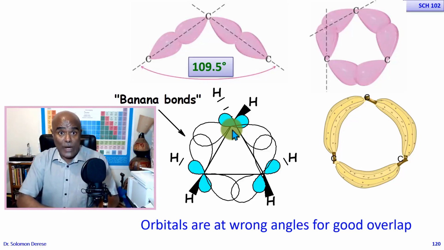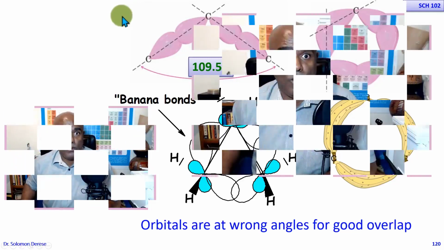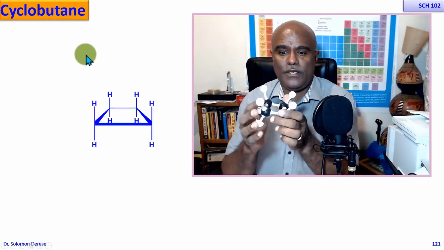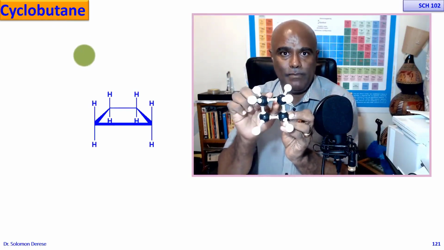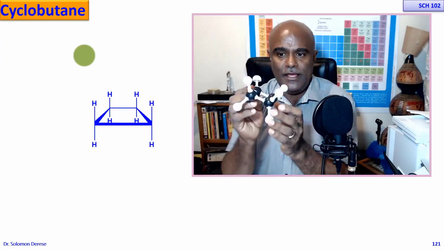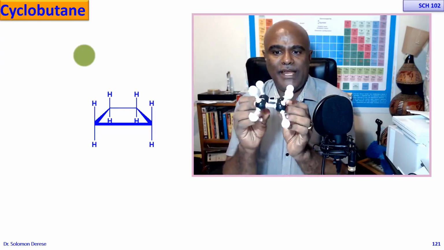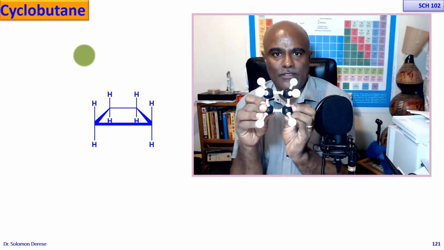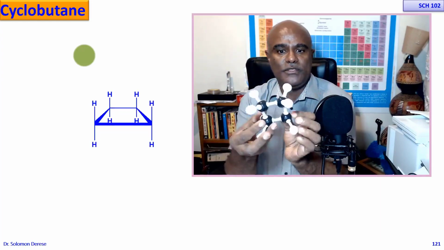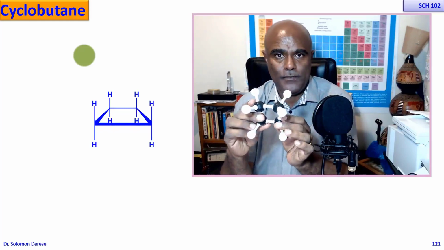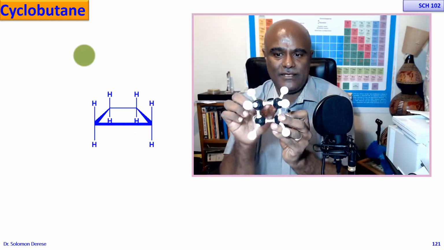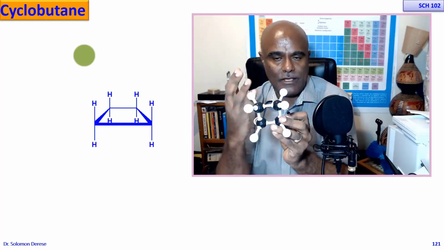So now let's look at the next member of the cycloalkanes, cyclobutane. Now, if cyclobutane was planar, that means all 4 carbons are in the same plane, it will be like a square. It will be a square that has 2 hydrogens here, 2 hydrogens here, 2 hydrogens here, and 2 hydrogens here. Since it's a square, the bond angle will be 90 degrees, 90 degrees, 90 degrees, 90 degrees. That's how it's going to be.